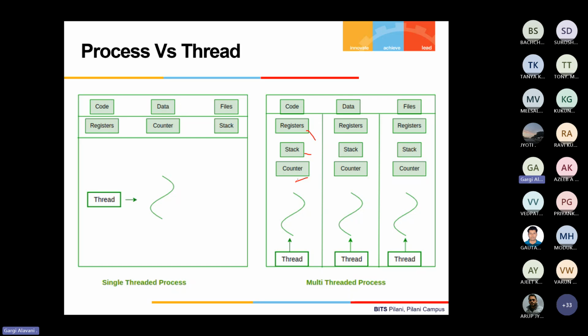That is the only difference. It can either run as a process or as a thread, and based on that, the memory or the assignment of data to it will differ.